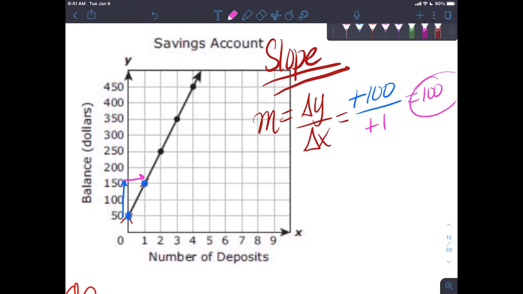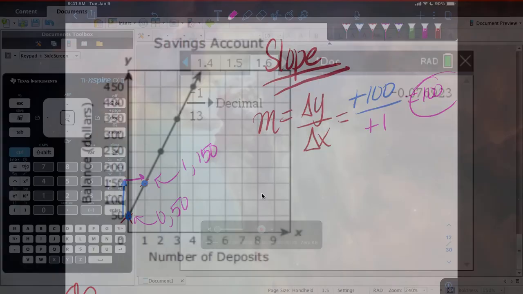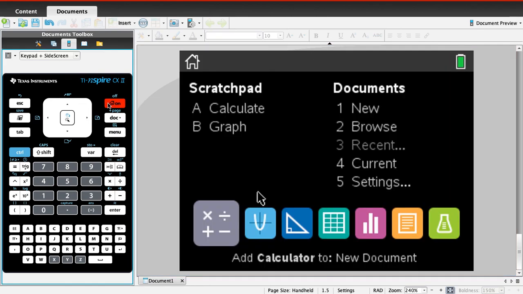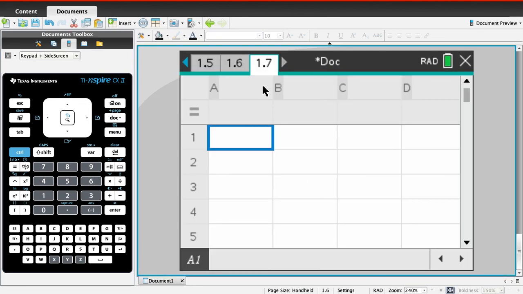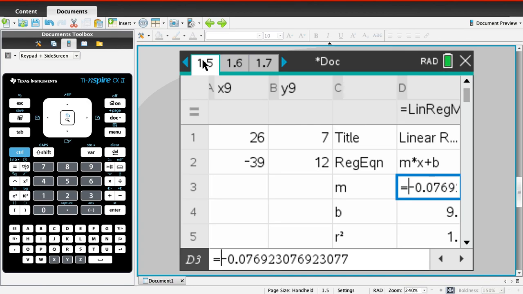Now, I could have also run a regression and had it calculated for me. So I would take this point here, 0, 50, as well as 1, 150. So I'm going to go back over here and I'll start a new spreadsheet. I could go ahead and type over these, but I don't want to mess this up.